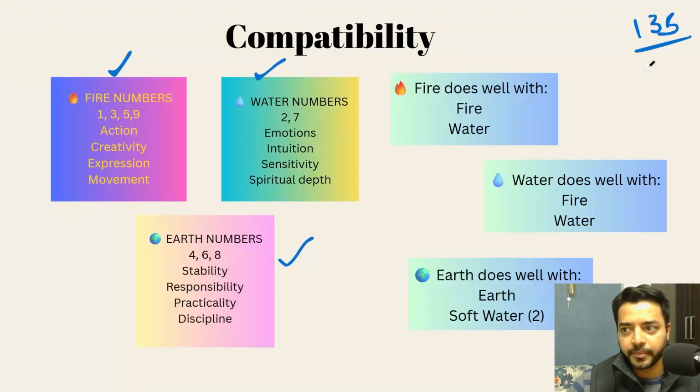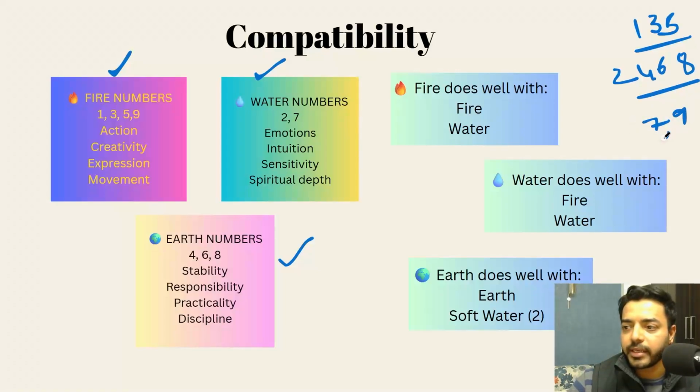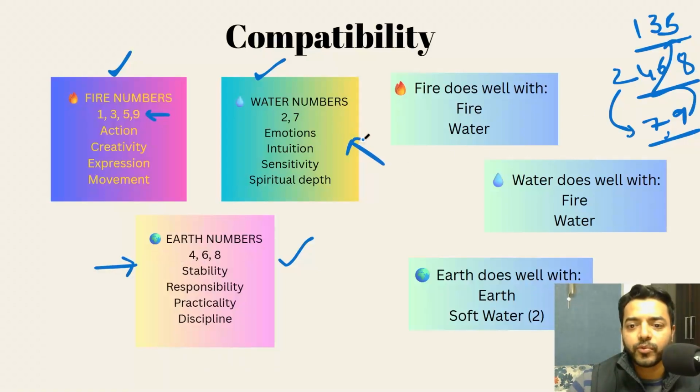Then you have 2, 4, 6 and 8 as the earth, and 7 and 9 as the water. In this case, 9 I have added it into fire, because in Chaldean 9 becomes fire, and 2 goes here, right? 2 goes here, 9 comes here. So that means 4, 6, 8 becomes earth, and 2 and 7 become water.